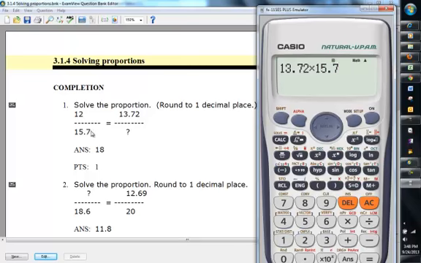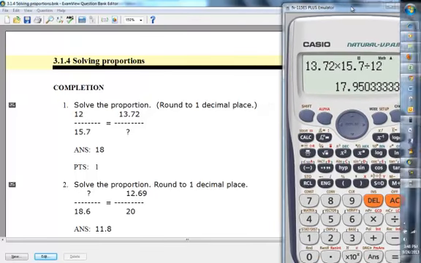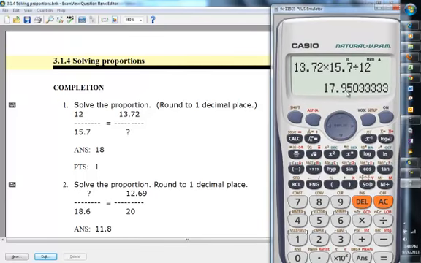There's my cross multiplying, and then divide by the other number, 12, and we get 17.95. It says round to one decimal place, so 17.95 would round up to 18. So 18.0, or just 18 is the way I would write it in E360.